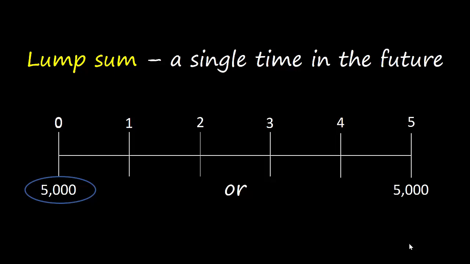For example, I would rather have $5,000 today than $5,000 in the future, because I can invest the $5,000 I receive today for the next 5 years and make it worth more at the end of those 5 years. Since having money today is worth more to me than having money later, $5,000 today and $5,000 in 5 years are not equal values.